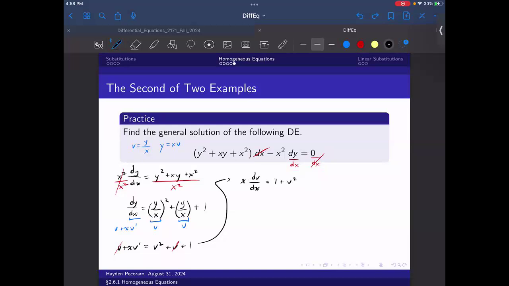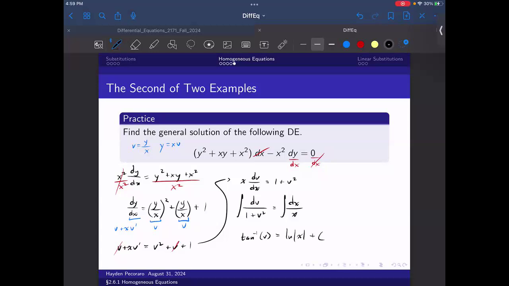What does this look like? dv over 1 plus v squared equals dx over x. Antiderivative both sides. What's the left side? Some of the special ones that we should know. Not ln. Arctan, yeah. So this will be arctangent of v equals, and then yeah, ln on the other side.